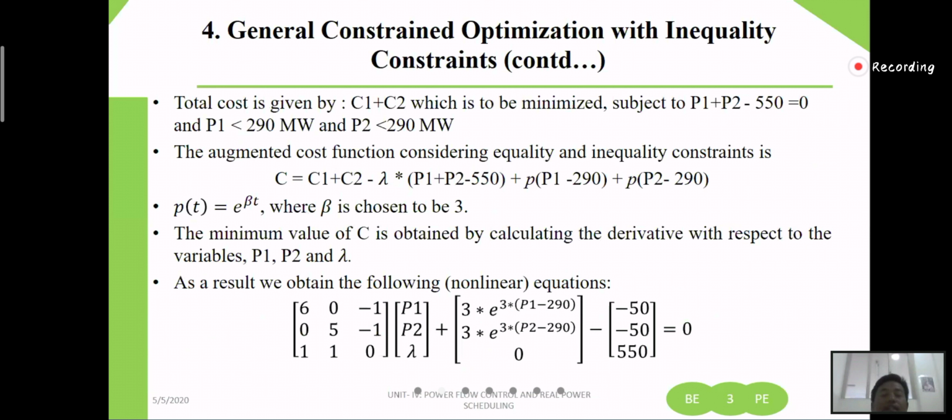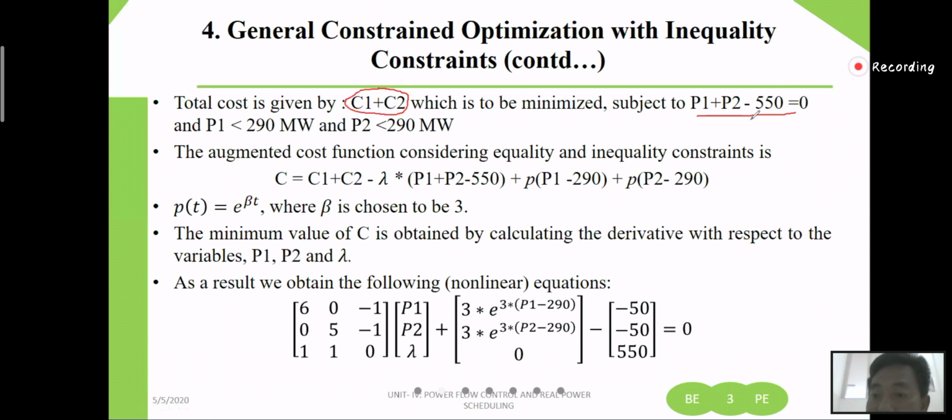Similarly to the equality constraint case, first the total cost is given by C1 plus C2, and this has to be minimized. Actually C1 plus C2 is J, as in the general format, which is to be minimized, subject to P1 plus P2 minus 550 equal to 0.